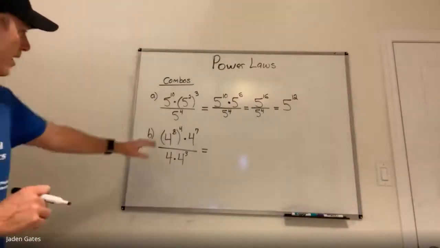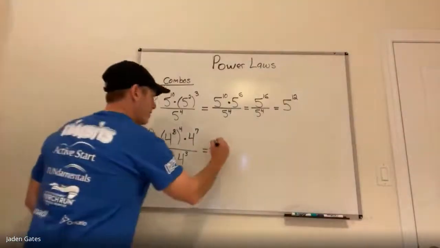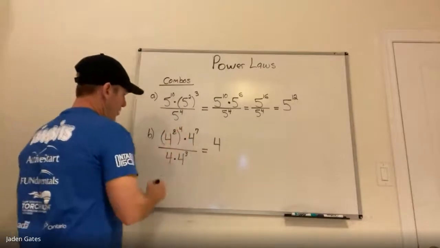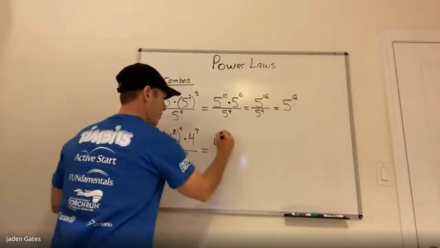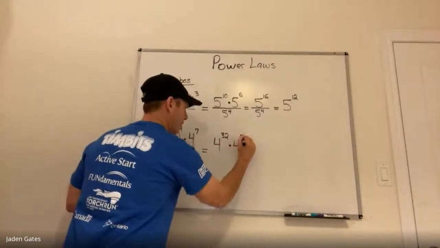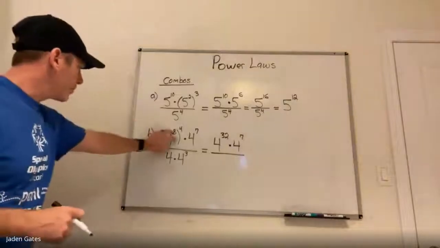All right, so rule number 3 here, the power of a power. I can figure that part out where I keep the base the same. Multiply my exponents, so 8 times 4 is 32. And again, times 4 to the power of 7. All right, so there's my numerator.